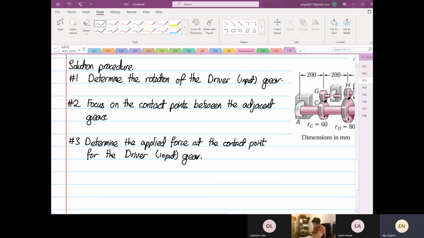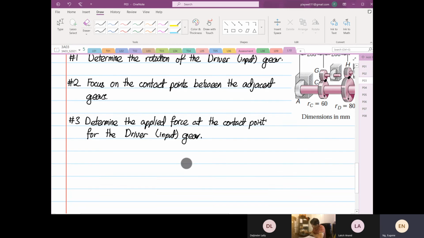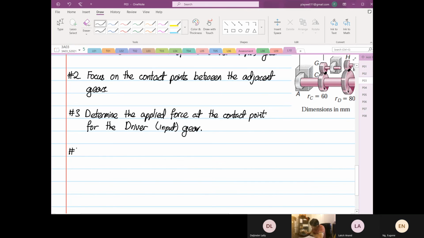Then the fourth thing that you have to remember is you have to determine the force direction of the driven, not driver, driven output gear.